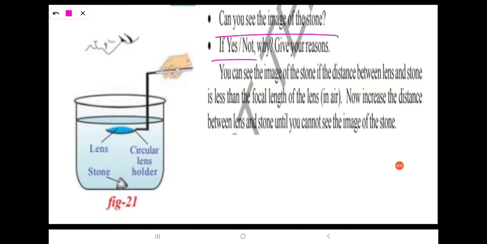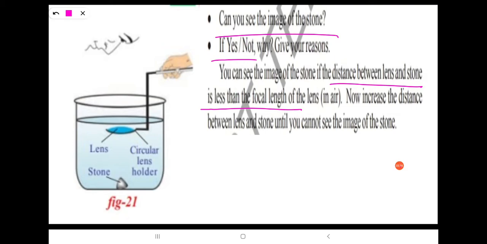So here, can we see the image of the stone? Yes, we can see the image of the stone when the distance between the lens and stone is less than the focal length of the lens in air.